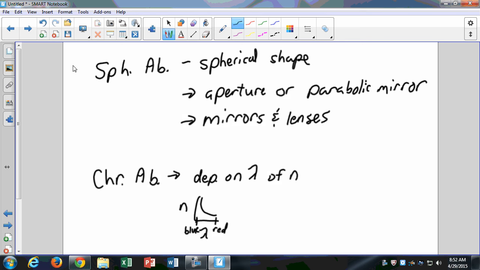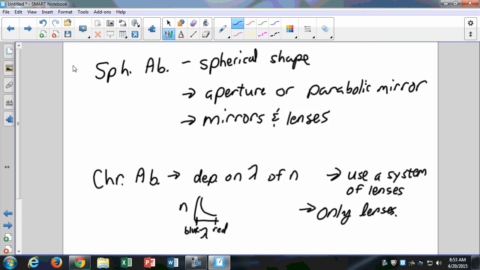All right, chromatic aberration. In order to get rid of this, you have to use a system of lenses to minimize it. It's a little more complicated, but we'll just say that. Use a system of lenses. And this is only in lenses, because you don't have refraction in mirrors, so only in lenses.